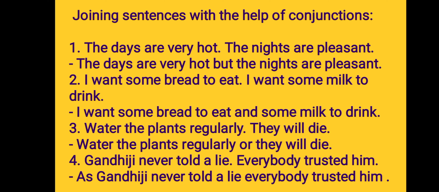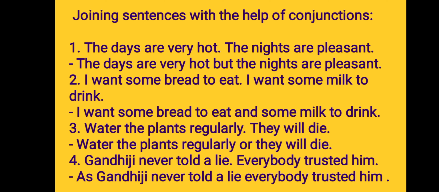Okay. Next, Gandhiji never told a lie. Everybody trusted him. Now, here one sentence is a statement and another one is a reason. Everybody trusted him, this is a statement, and what is the reason? Because Gandhiji never told a lie.